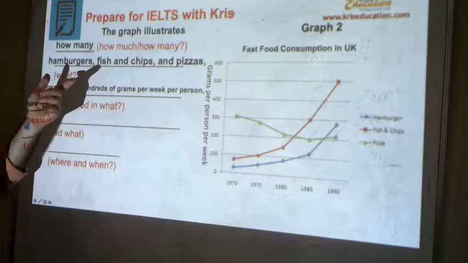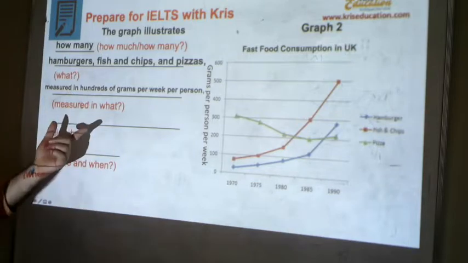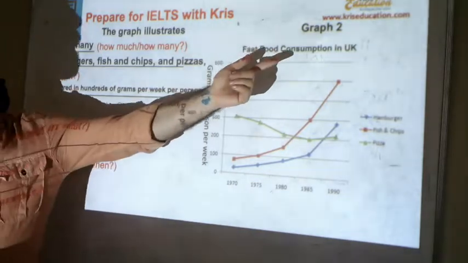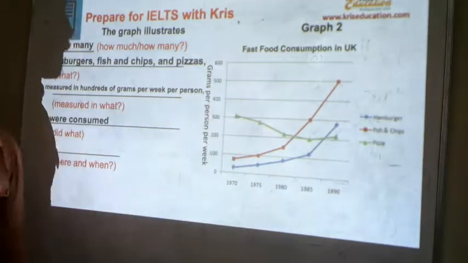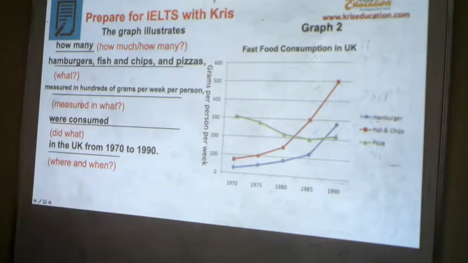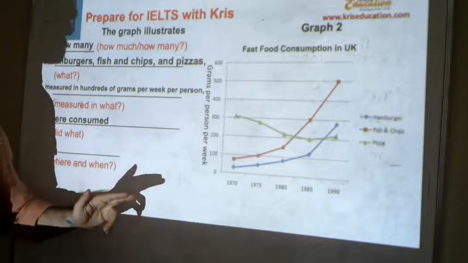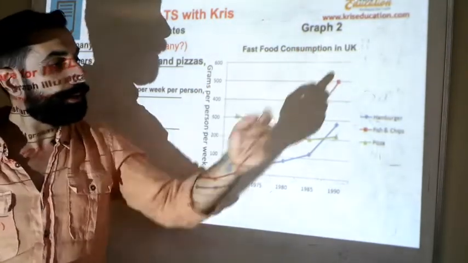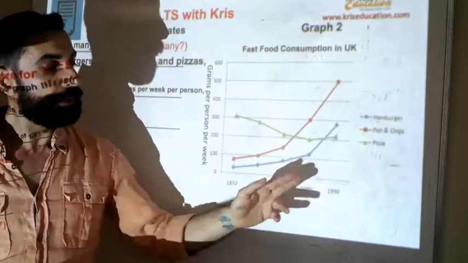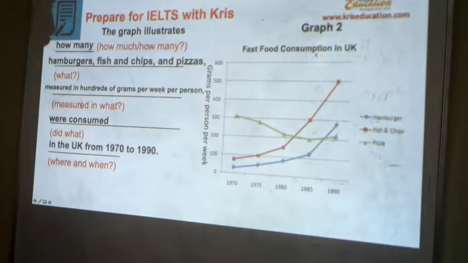What did the pizza, what did the hamburgers do? You need the verb here. From consumption, we go to consumed. Where consumed? Where and when? In the UK, in the United Kingdom, from 1970 to 1990.